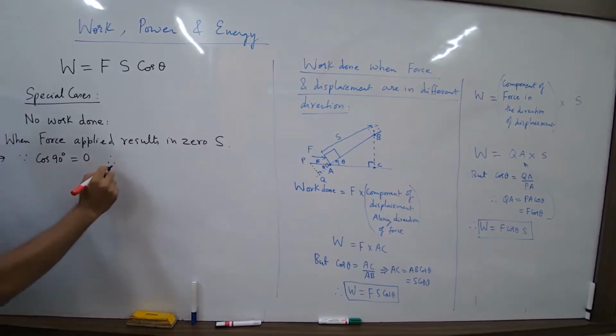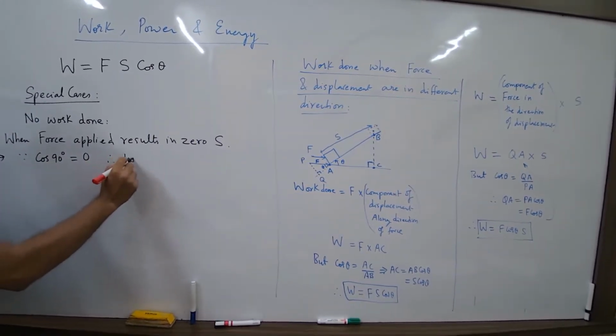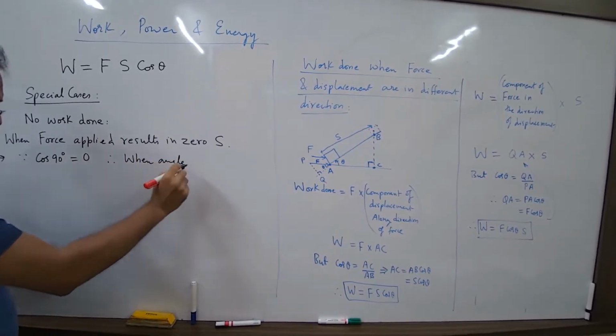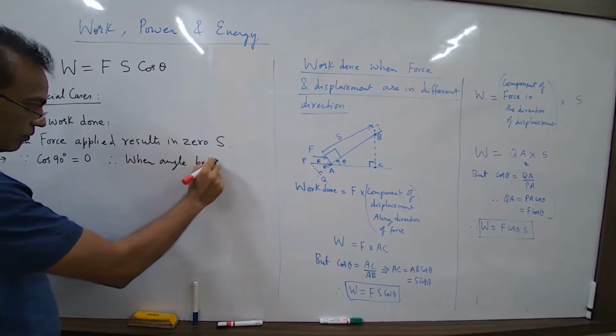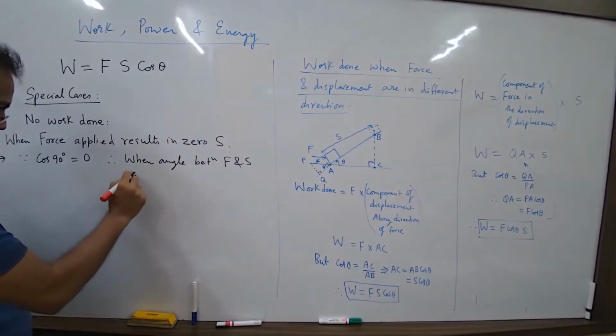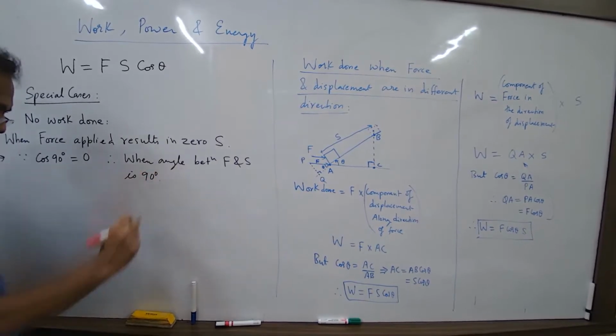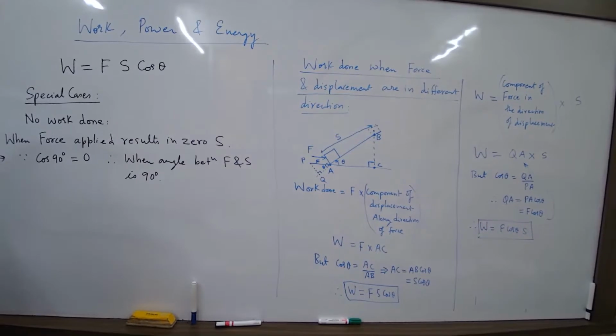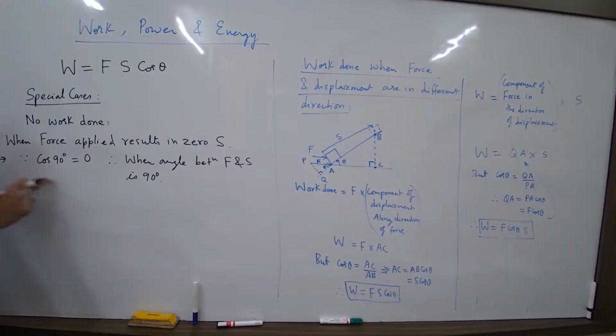Therefore, when the angle between F and S is 90 degrees, then also work done is zero. Right? So what is the example for the first case and the second case?